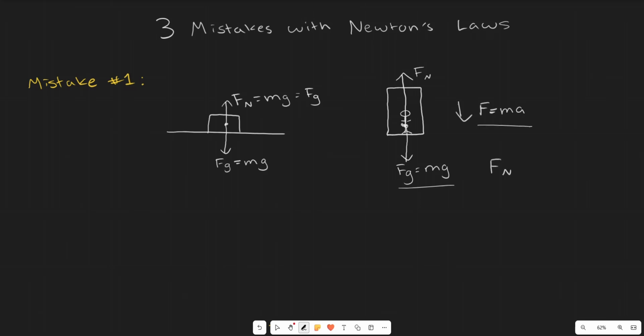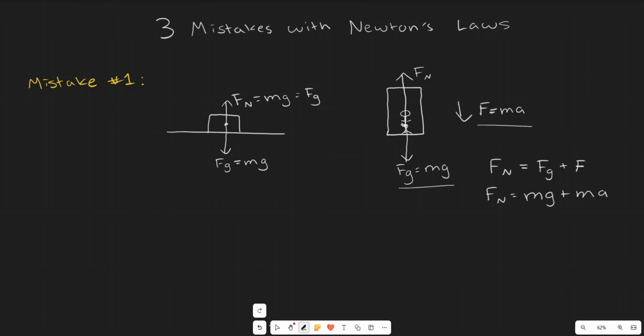That means Fn is equal to Fg, force of gravity, plus F. Plugging it in, it's equal to mg plus ma. So when an elevator moves downward, you tend to feel heavier than you actually are because there's more normal force needed to counteract your weight.